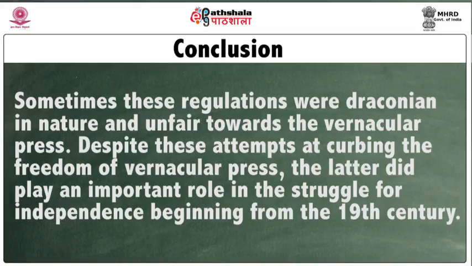Sometimes these regulations were draconian in nature and unfair towards the vernacular press. Despite these attempts at curbing the freedom of vernacular press, the latter did play an important role in the struggle for independence beginning from the 19th century.